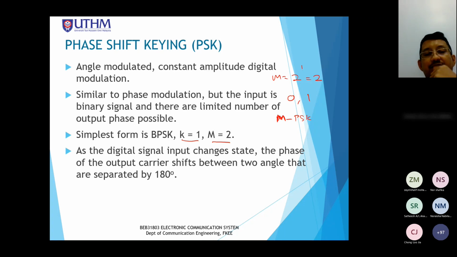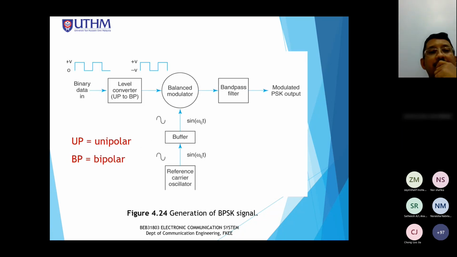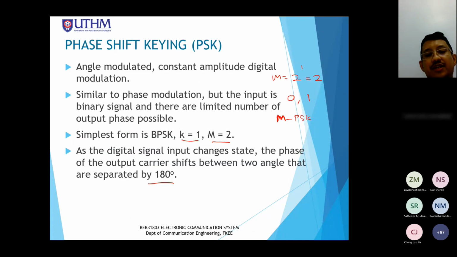Okay, so if I'm using BPSK, the difference between logic 0 and logic 1 is separated by 180 degrees phase shift. Okay, because we are talking about PSK, so each bit will shift the phase of the carrier. So in this case, if it is a BPSK, logic 0 and logic 1 are separated by 180 degrees. Okay, so we're going to see later about this 180 degrees.